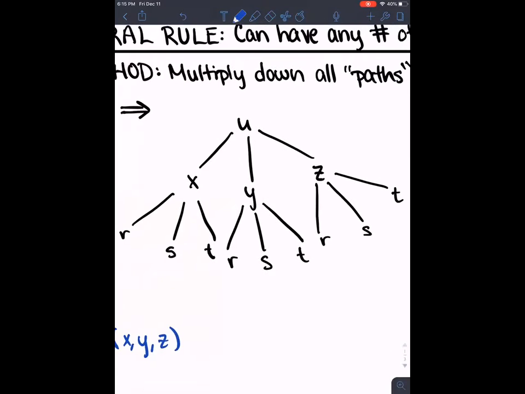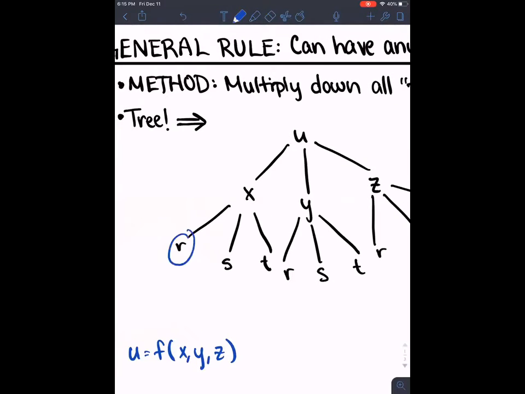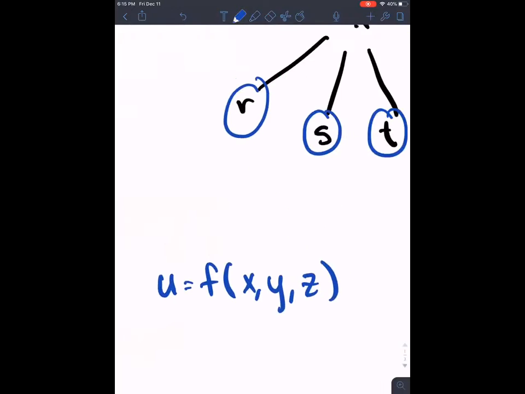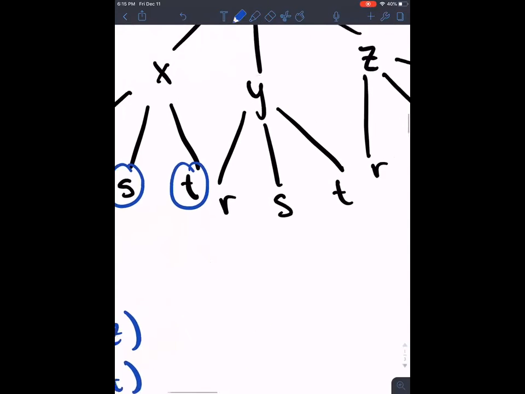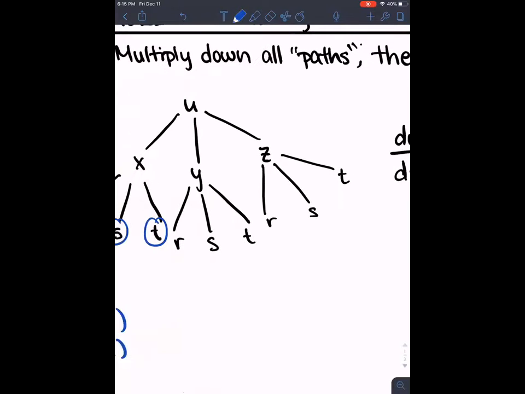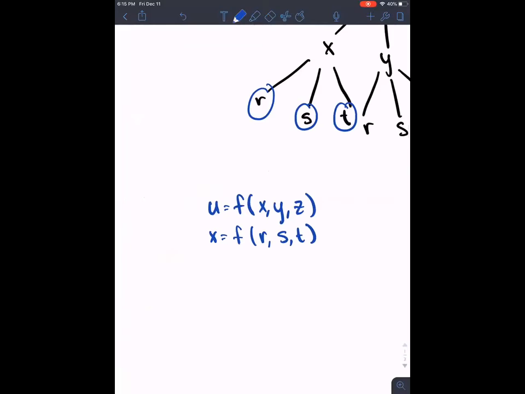Now let's look at what x, y, and z are each a function of. x is a function of r, s, and t. And it looks like those same three variables are what y and z are each functions of as well. So y is a function of r, s, and t, and z is a function of r, s, and t.